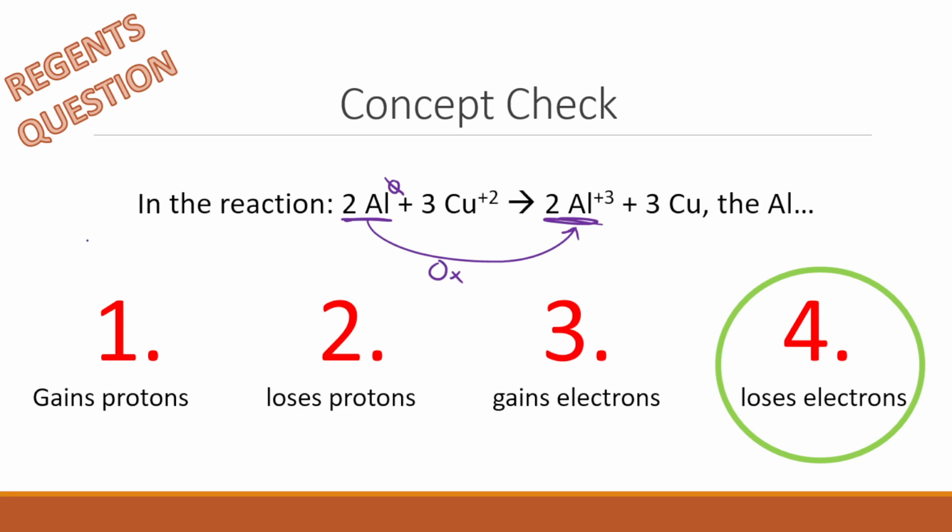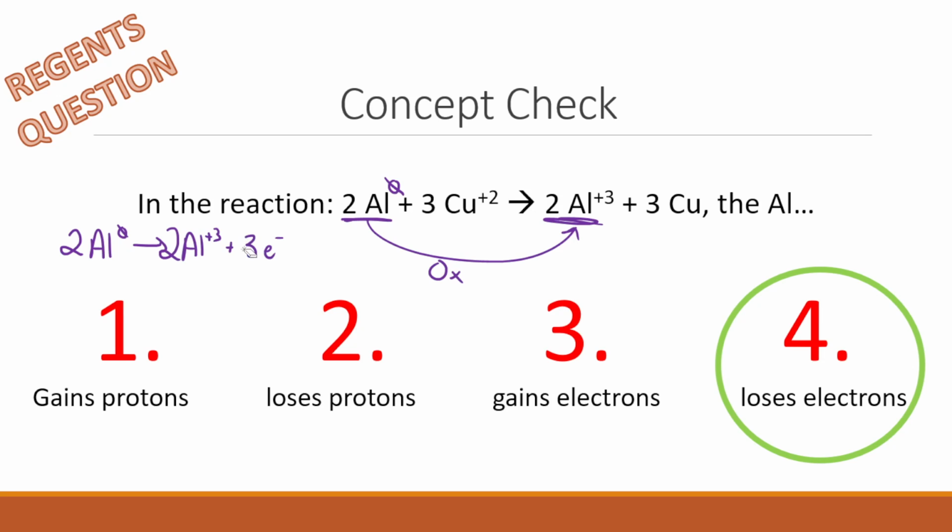If we wanted to write that half reaction, we would say aluminum 0 becomes aluminum +3, loses 3 electrons. If we wanted to be super accurate, we would include the coefficient that they gave us in the question.